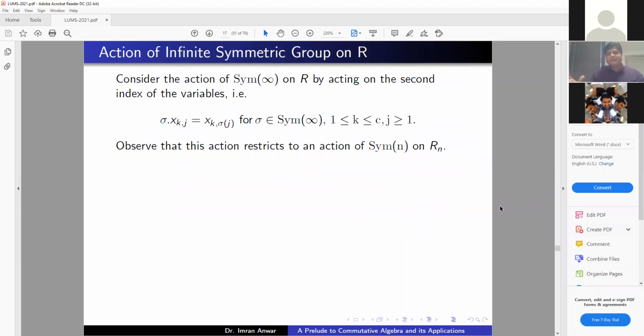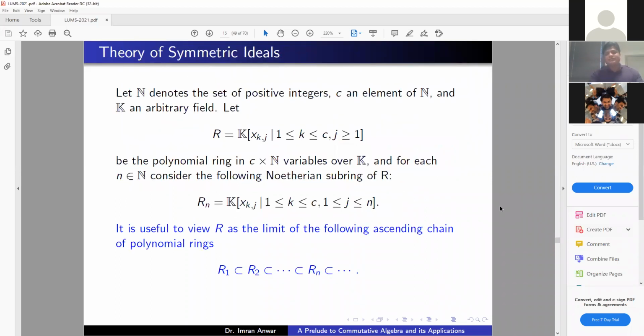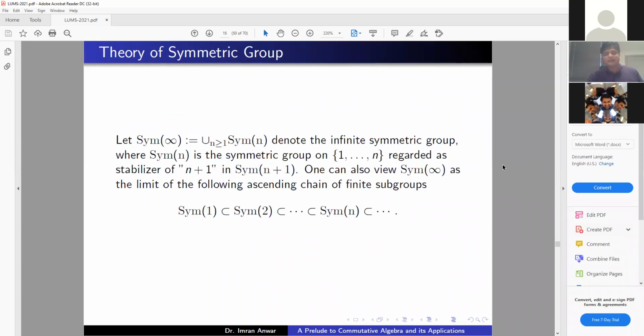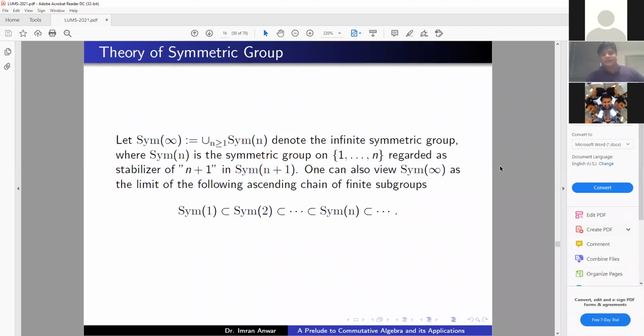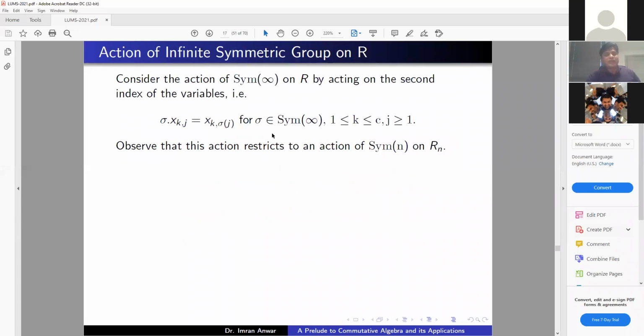Action of the infinite symmetric group on R. Now here comes the real game. You have seen R, the polynomial ring with these indices k and j. Now we are going to apply the group action of this group on this ring R. Consider the action of Sym infinity on R by acting on the second index of the variable.